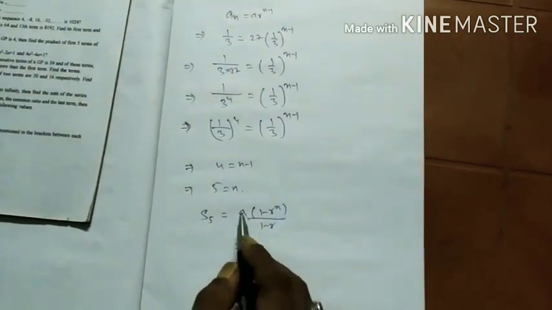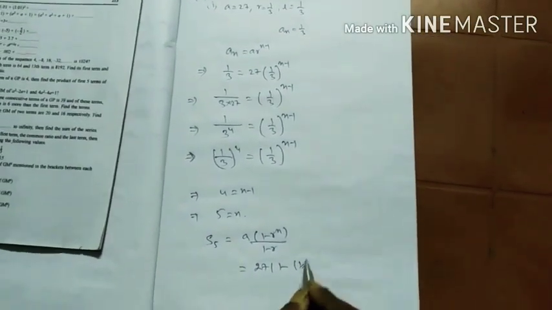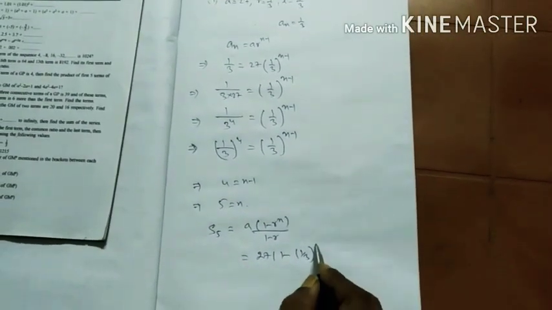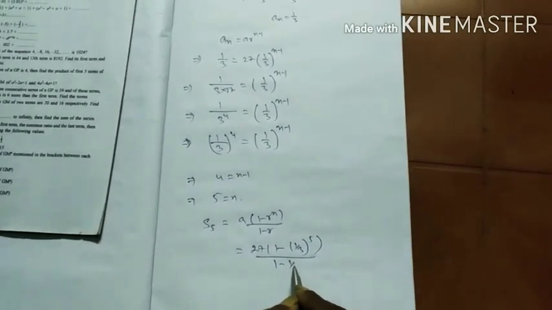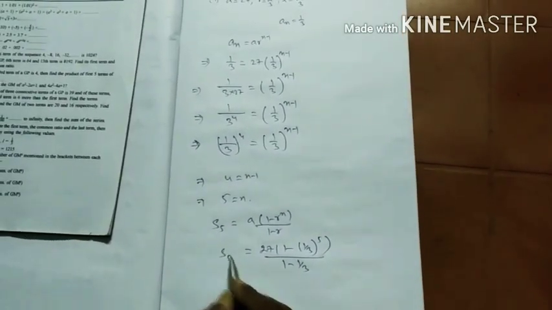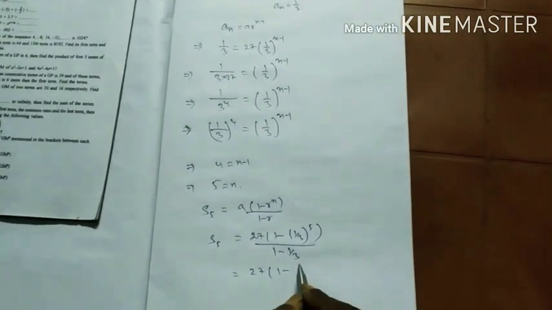So a is your 27, 1 minus r is 1 minus 1 by 3, n is 5. So 27, 1 minus 1 by 3 to the power of 5.